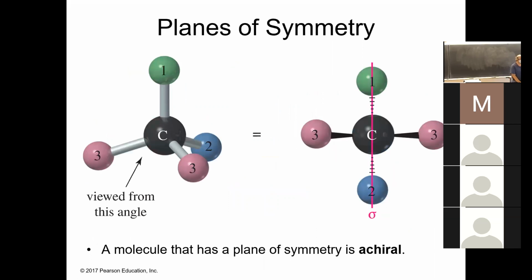A plane of symmetry will negate chirality. If half the molecule is a reflection of the other half, and in this case we have 2 groups that are the same, so I only have 3 different groups rather than 4.